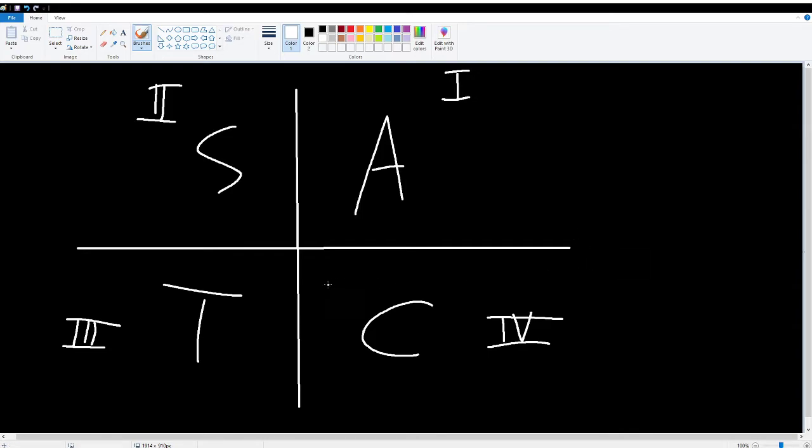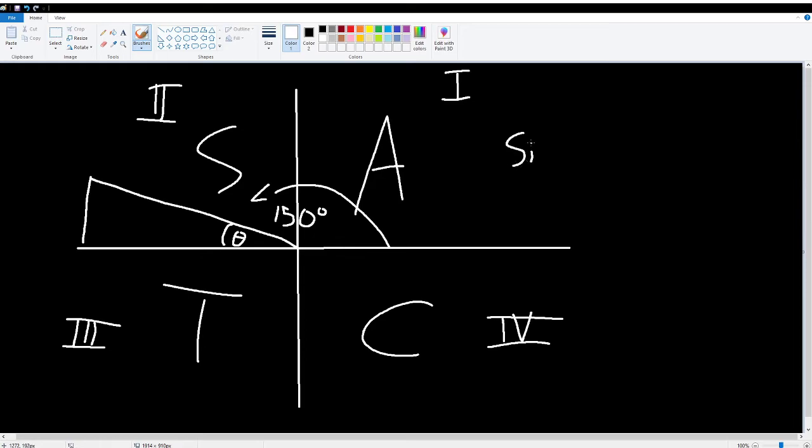Okay. So one thing you can do is that if you're given some angle, let's just say this is 150 degrees, and let's just say you're here to find theta. So if you want to find sine of theta, and theta is equal to 30 degrees, then you would think back to the 30, 60, 90 triangle.